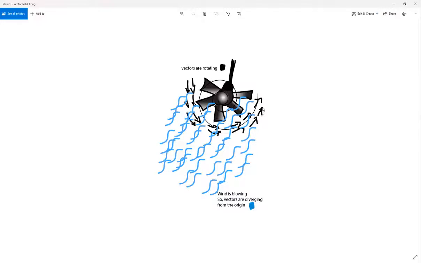These vectors start rotating, and we can use functions that we call vector functions to define the behavior of the vectors here. Then, as you can see, you do not have just one vector. You have a collection of vectors that are rotating. Well, this set of vectors is called a vector field.